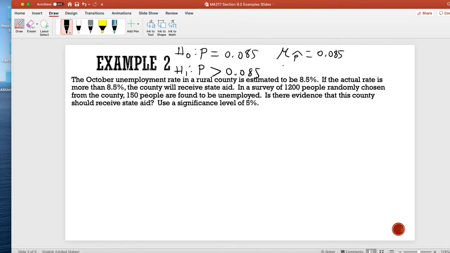And the standard deviation of our sampling distribution is the square root of 0.085 times 0.915 divided by 1200. If you throw that into a calculator, you should get an answer of about 0.010.